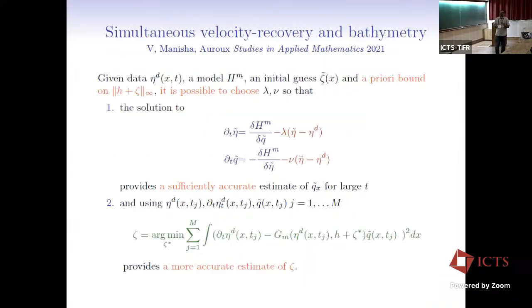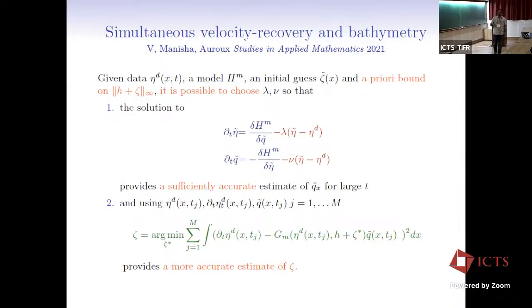All right, so just to summarize, given data, a model, an initial guess, and an a priori bound on where the bottom profile is, there is a choice of the observer parameters such that the observer gives a sufficiently accurate estimate for the velocity at the surface. And we can then use the reconstruction as a minimization problem to get a better estimate.